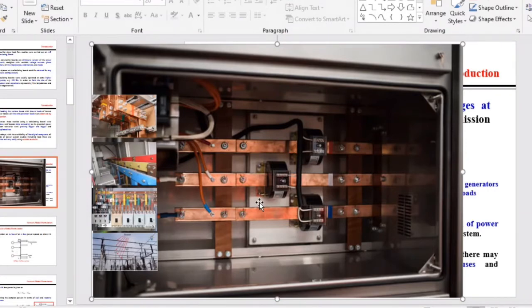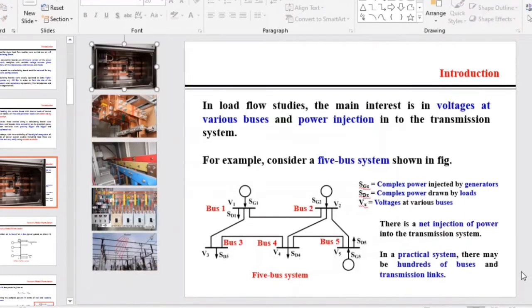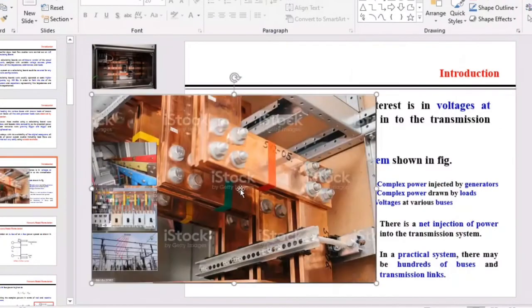In a substation, for example, if I show you the other one, there are various types, and this is a very heavy one. You can see it carries a lot of current. This dimension will depend on the cross-sectional area, which depends on how much current the bus bar is supposed to carry. So that's another picture of a bus bar.